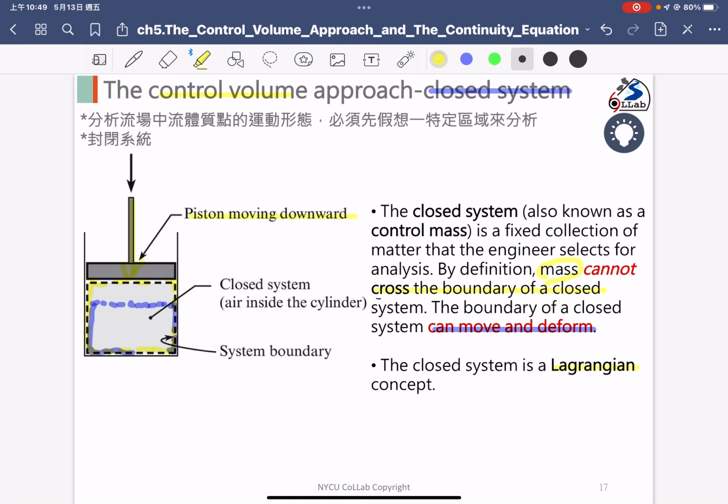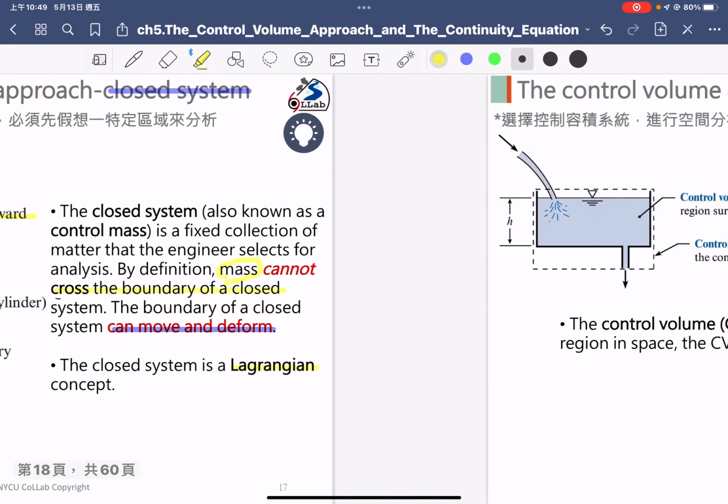I just observe and track only one particle. You can do that only for a closed system, because all of the fluid particles are bound inside. If it is not a closed system, it is very difficult to observe the particle moving. So we call that the Lagrange concept.